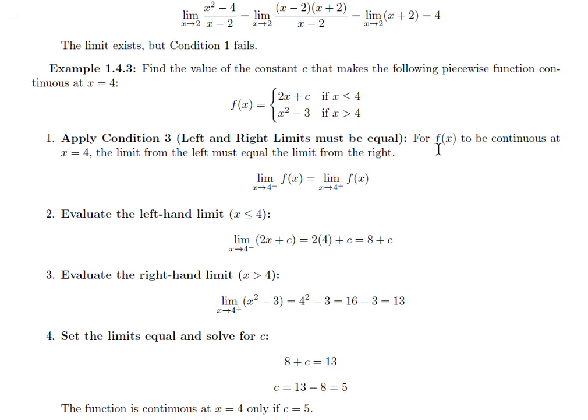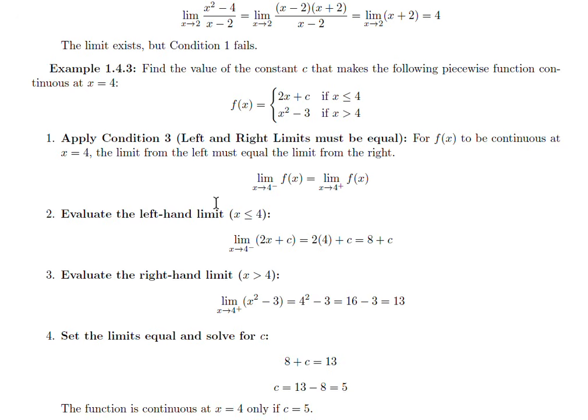For f of x to be continuous at x equals 4, the limit from the left must equal the limit from the right. That is, the limit as values approach 4 from the left, that's 4 minus, must be equal to the limit as values of x approach 4 from the right, which we define as 4 plus.